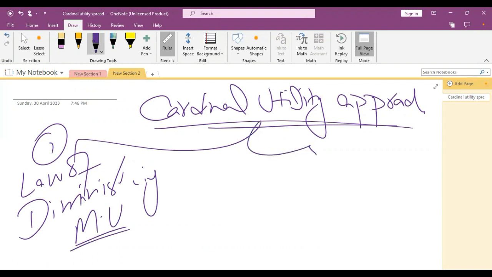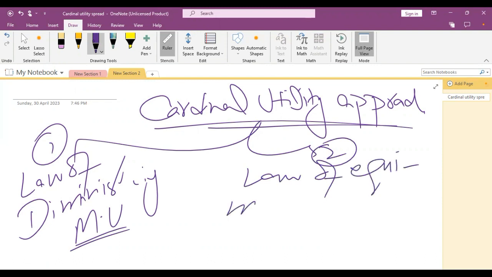Another was the law of equi marginal utility.